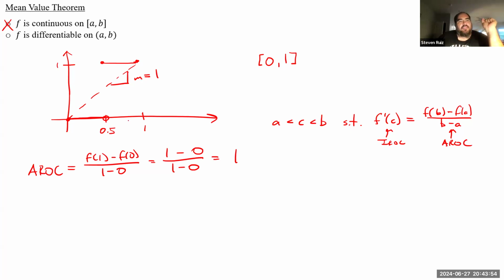So is there a point on this interval where the derivative of the function is equal to 1? And the answer is no, because I have two horizontal line segments. So wherever the derivative is defined, the derivative is equal to 0. So the mean value theorem does not apply here, or the conclusion of the mean value theorem is not satisfied.